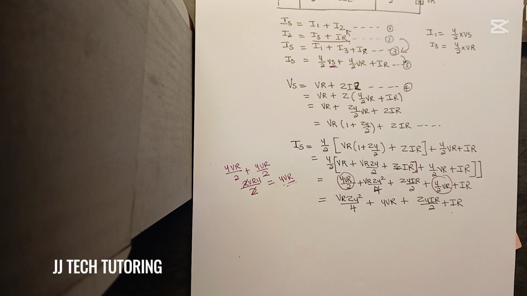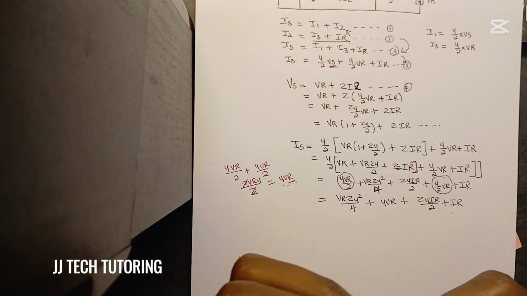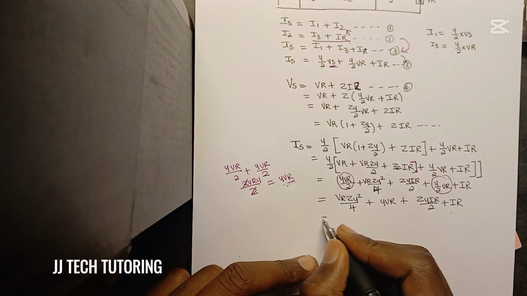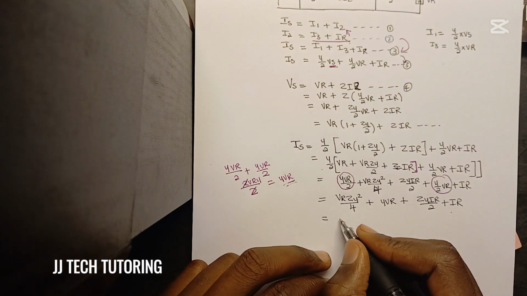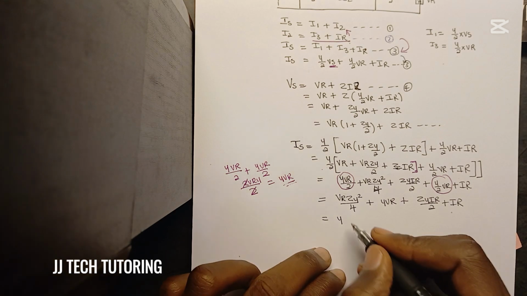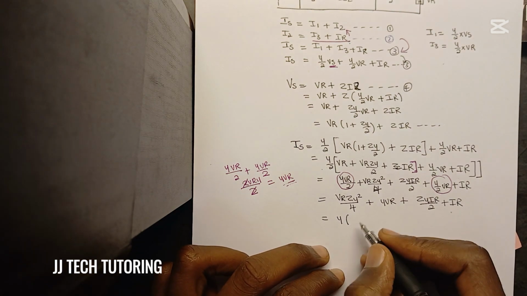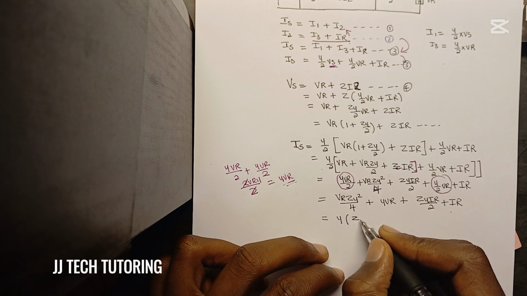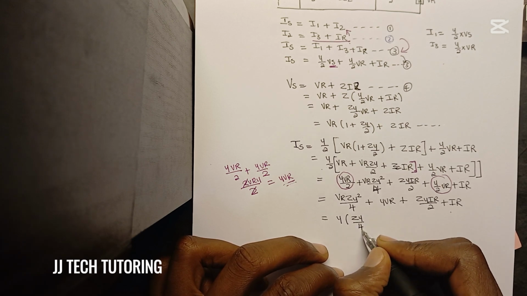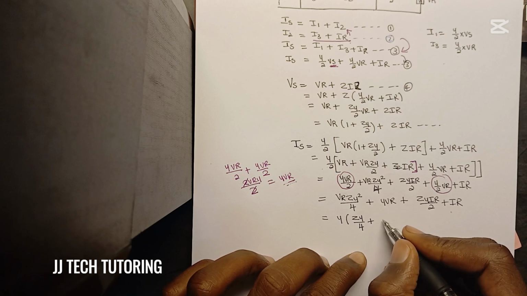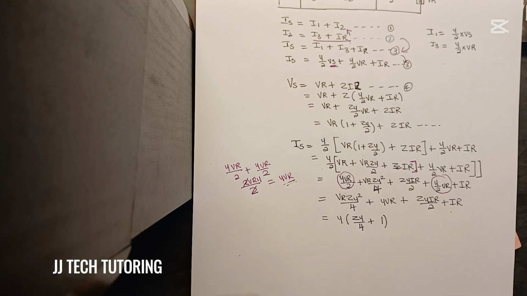Now we're going to look for something that we can factorize. The ones that are more likely to be like terms. These are the ones. Then that means we're going to say Y as a factor. Then we're going to have ZY over 4, plus 1, close brackets.